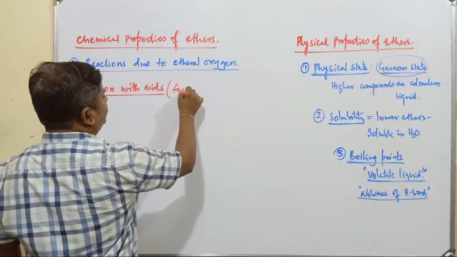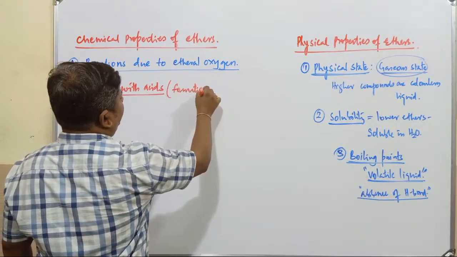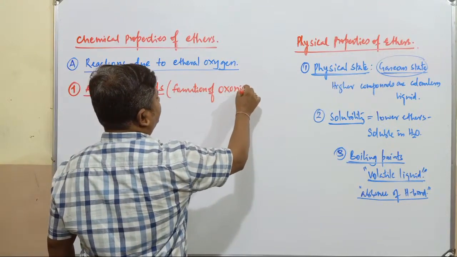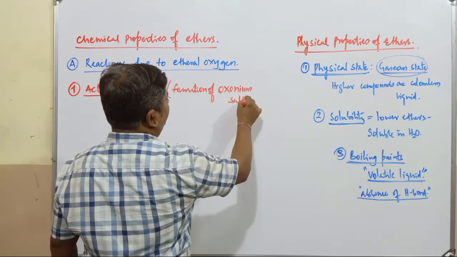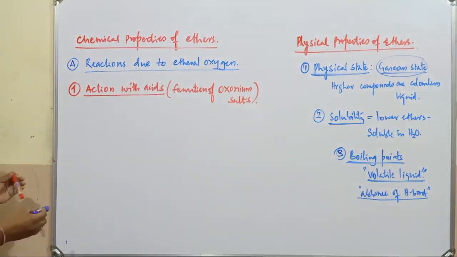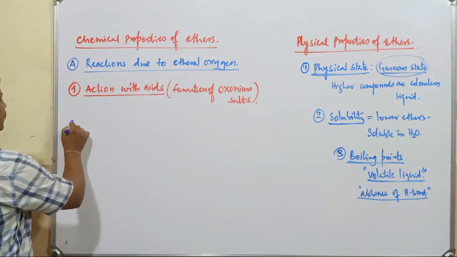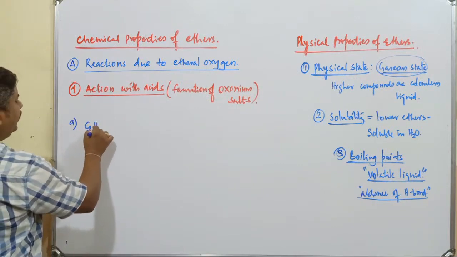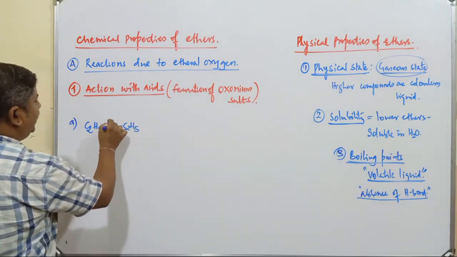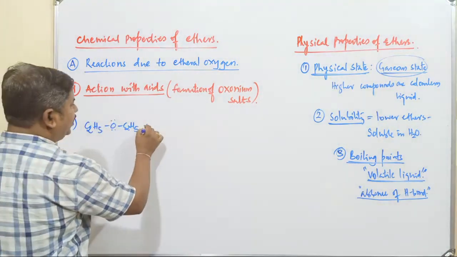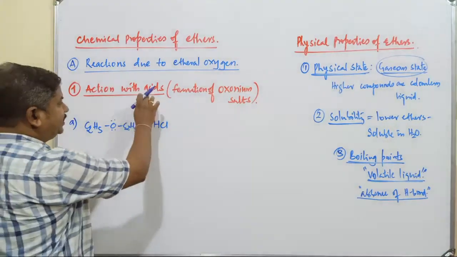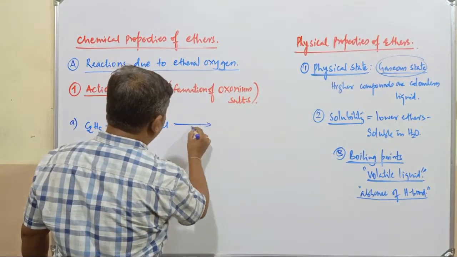In this reaction, formation of oxonium salt takes place. Remember, formation of oxonium salts. How does this oxonium salt form? Just observe. This is one compound, C2H5 O C2H5, any ether you can consider. When it combines with concentrated HCl, what happens here?